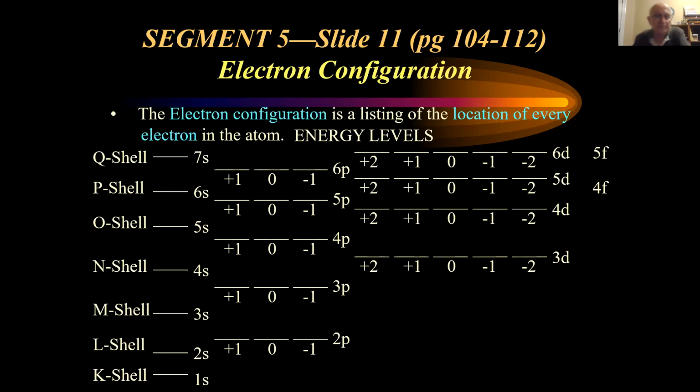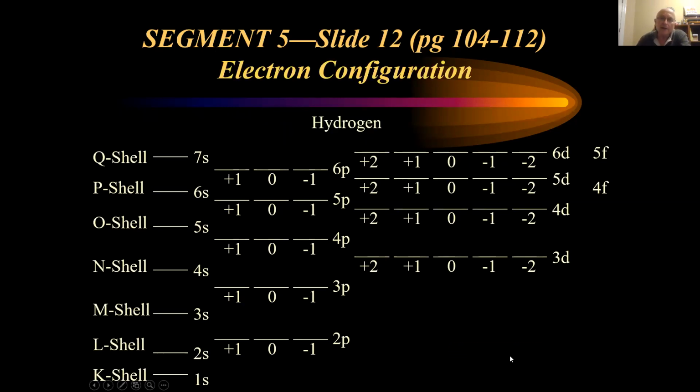Okay, so let's think about building electron configurations. Okay, we've got hydrogen. Now, hydrogen is the first element on the periodic chart. It's got 1 proton and 1 electron. So I only have to put 1 electron in, and I've ranked these in order of energy from lowest to highest as you go up.